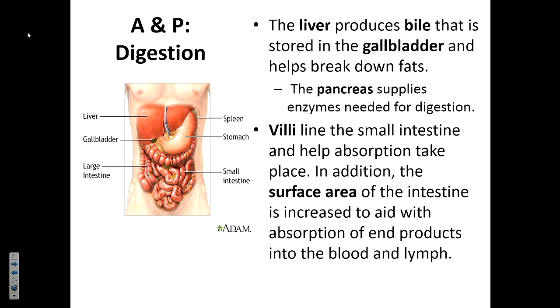Inside of your intestines, though, you have a very important feature to know, and that's going to be the villi. The villi are lining the small intestine, and they help absorption to take place. They increase the surface area of the intestine, and they also assist with absorption of these products back into your bloodstream and your lymphatic system. So that's the way you're getting the nutrients back in after your food has been digested.